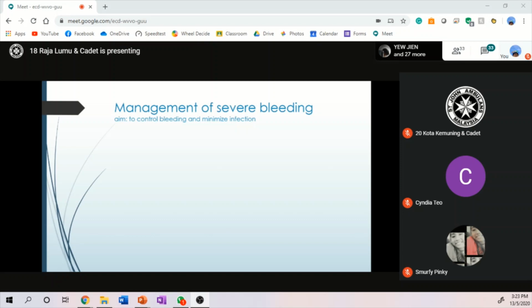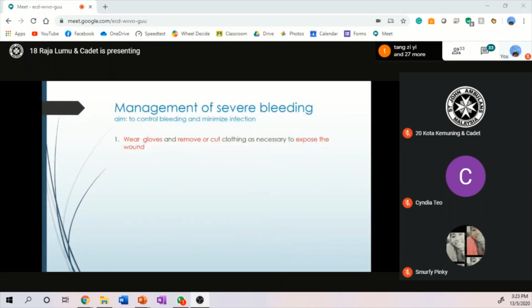Okay, so this is the last part for wound and bleeding. The last one, so in total we have 6. Management of severe bleeding. What is severe bleeding?